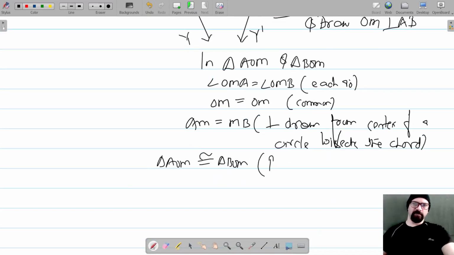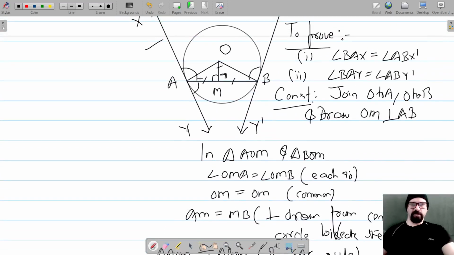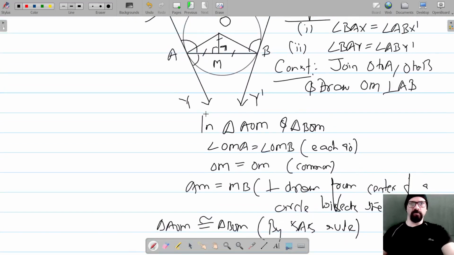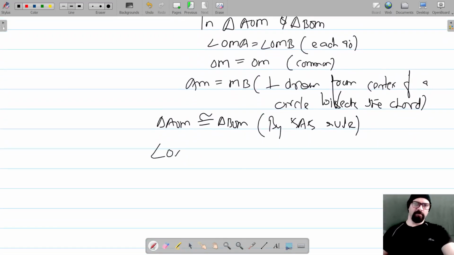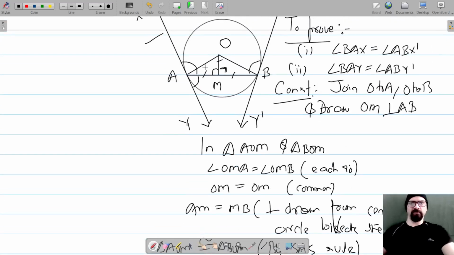So by the SAS congruence rule, these two triangles are congruent. Now, if these two triangles are congruent, that means angle OAM is equal to angle OBM. These are corresponding parts of congruent triangles. So these two angles are equal.